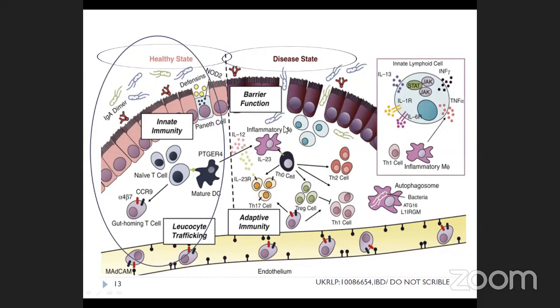However, in the diseased stage, the Paneth cells lose the defensin, and there is a mutation of the NOD2 gene, which allows all the bacteria to enter the submucosal region, which triggers the Th0 cells, and there is a cascade of reactions. This cascade causes defective autophagosome or defective autophagy of the bacteria, which leads to chronic inflammation of the bowel wall.